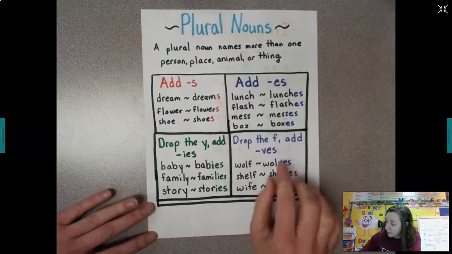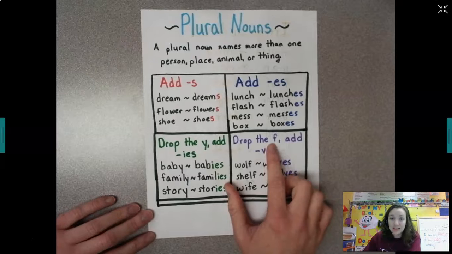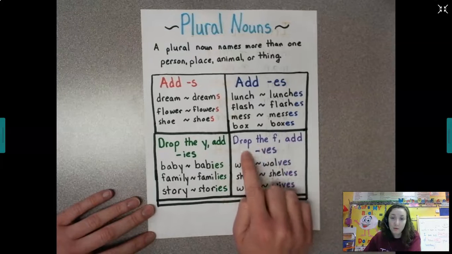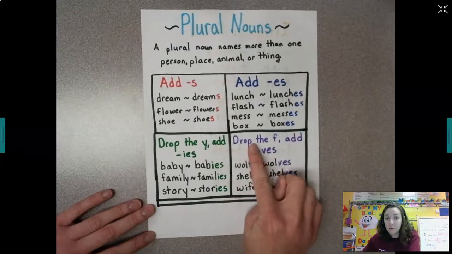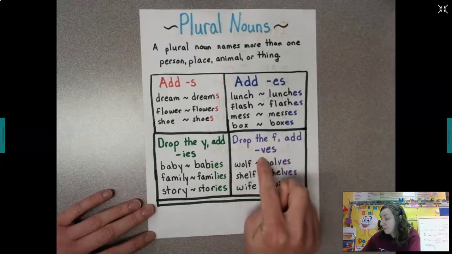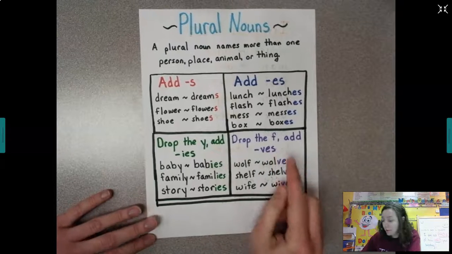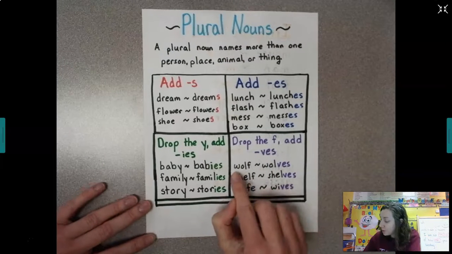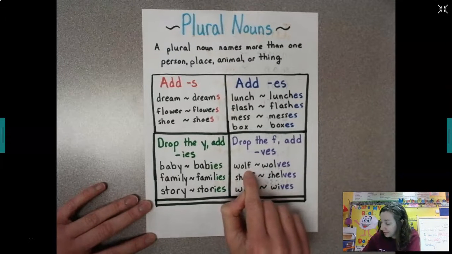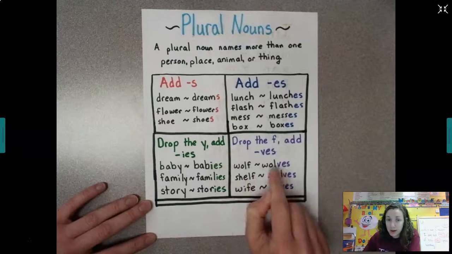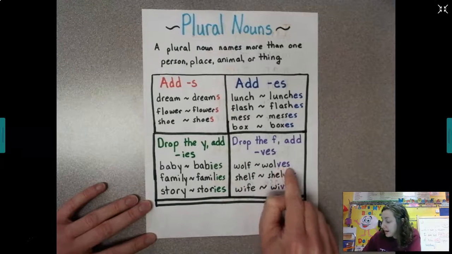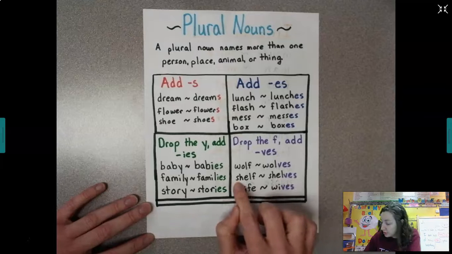Okay, another rule we have for plural nouns is if it ends in an F. If it ends in an F, you have to drop the F and then add VES. Okay, so for example, our word wolf has that F on the end. If you drop the F, you're going to add VES, so it becomes wolves. Okay, same with shelf.